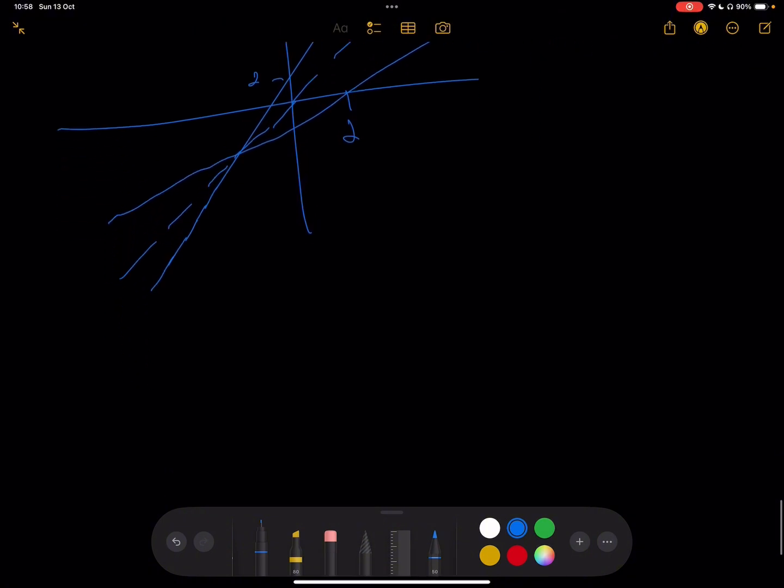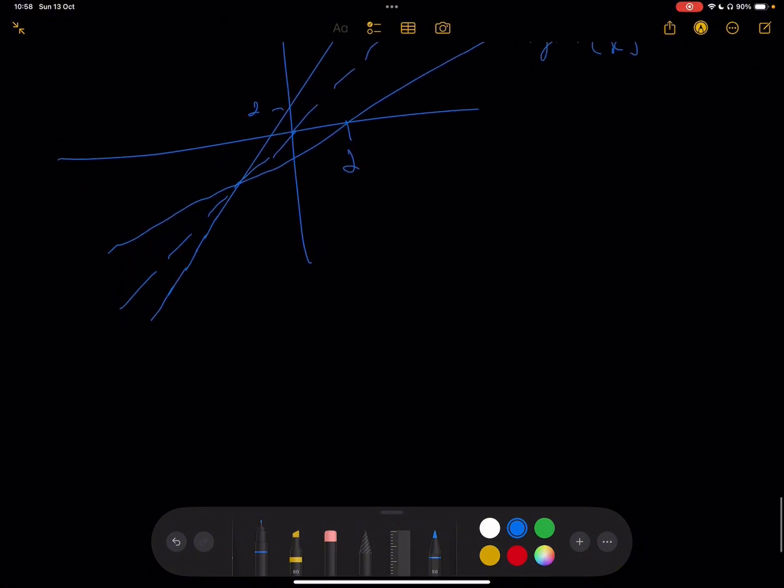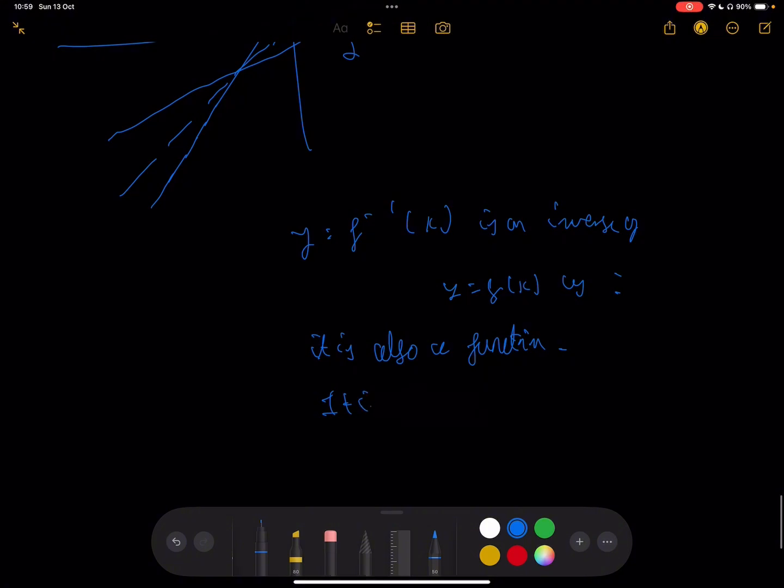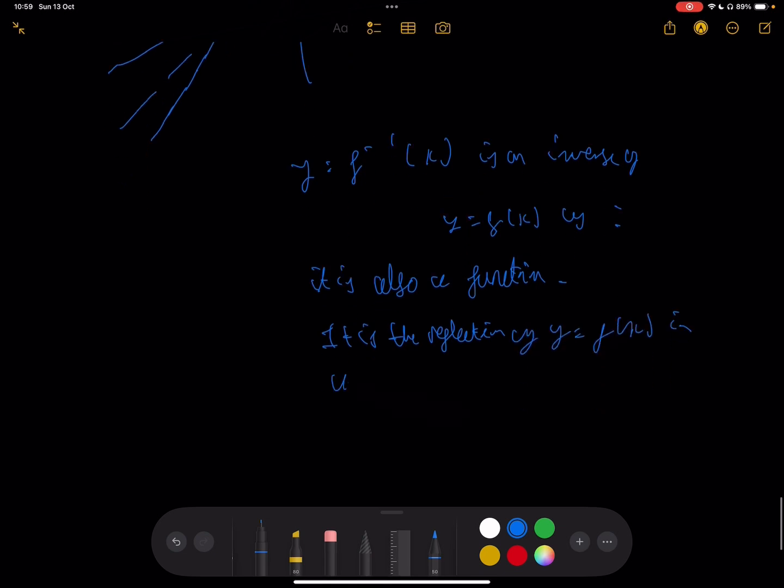And so we can prove that y is equal to f inverse of x is an inverse of y is equal to f of x, as it is also a function and it is the reflection of y is equal to f of x in the line y is equal to x.